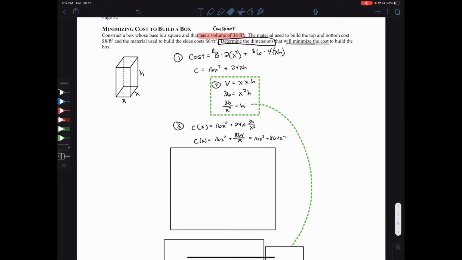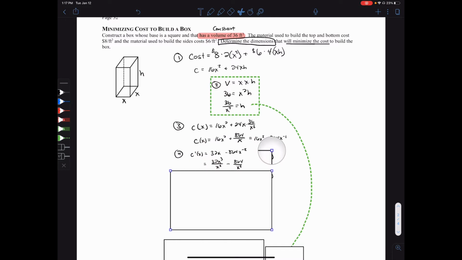Step 4 was to find critical values and figure out if those critical values are mins or maxes. So we take the derivative, it's the power rule. I want to make this into one fraction, again in common denominators, and that gets me to here.